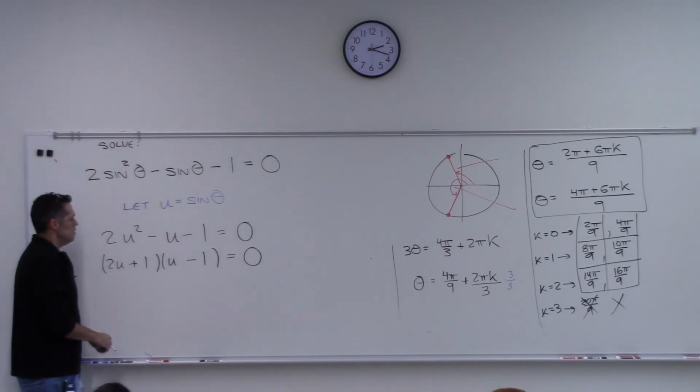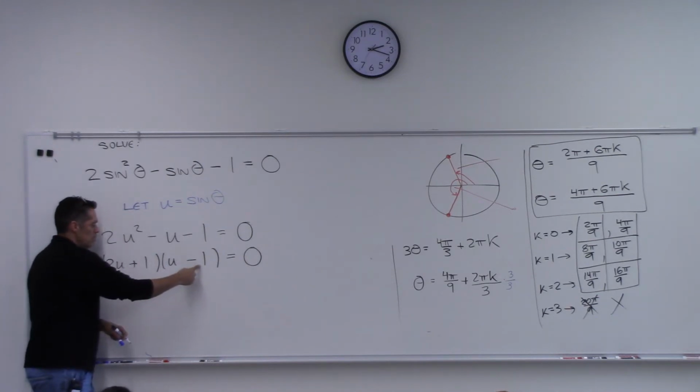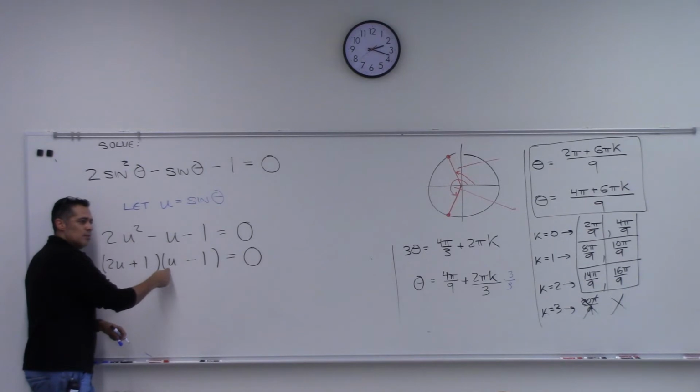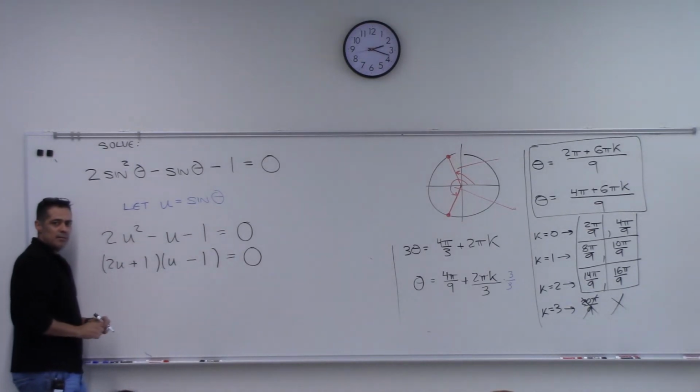Solve this equation. So are y'all okay with this factoring? Let's just check it. 2u squared minus 2u plus u minus 1. Now, if we put all that together, we get that. So do y'all buy that as far as the factoring? Yeah? Any questions on that?